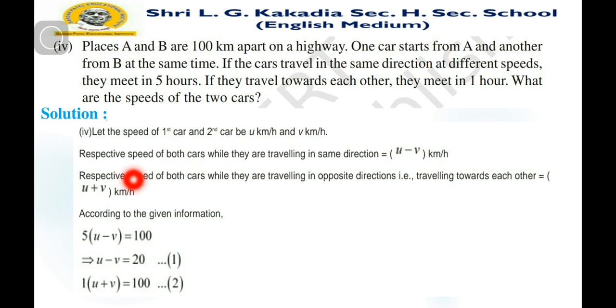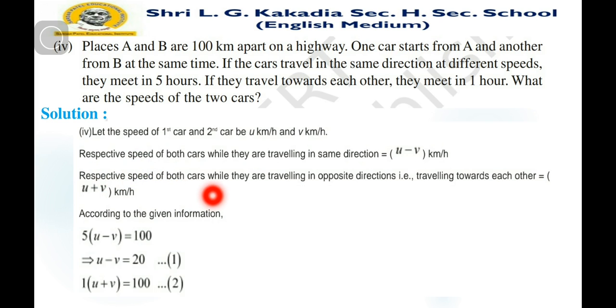Let the speed of the first car and second car be u kilometers per hour and v kilometers per hour. Respective speed of both cars while traveling in the same direction is u minus v kilometers per hour.